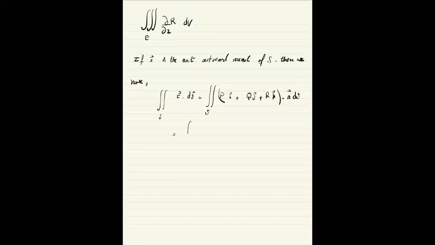This is the integral over S of P i dot n plus Q j dot n plus R k dot n, and whatever this gives you, you just integrate over S. Now you can use the fact that these integrals can be split into 3 parts.